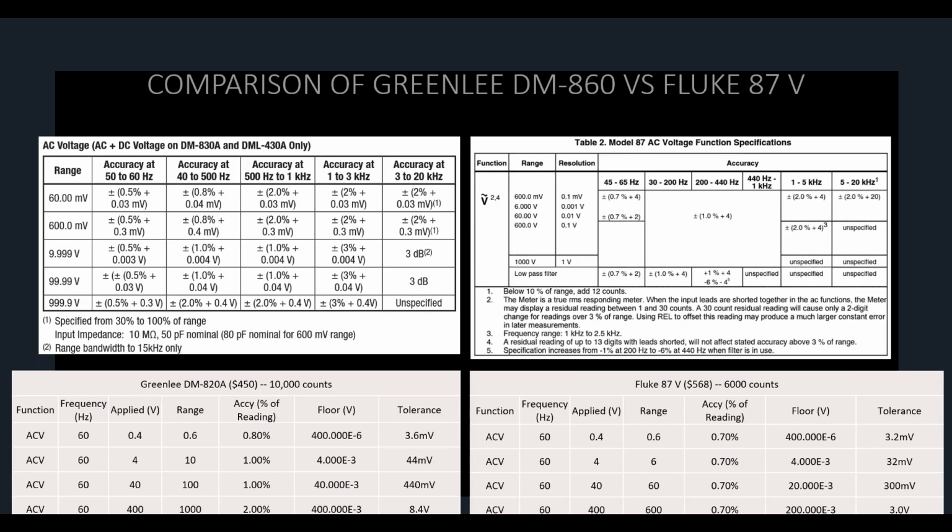And I'm looking at just the 60 Hertz measurements here. So yes, you can have your different meters at different price points, and you'll have different costs associated with it. But in the end, your accuracies and your tolerances are going to be based off of what you need.